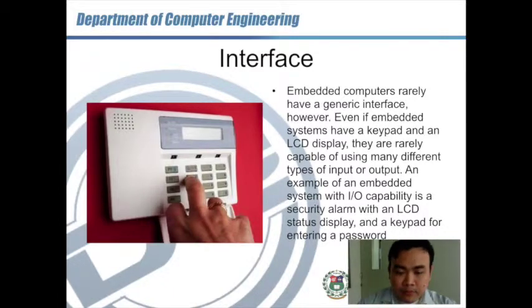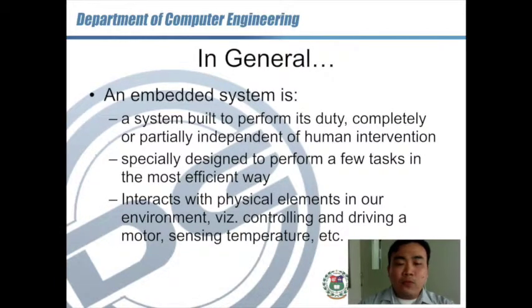Okay, so in general, an embedded system is a system built to perform its duty completely or partially independent of human intervention, is designed to perform a few tasks in the most efficient way possible, and interacts with physical elements such as temperature, mechanical devices, pressure, and so on and so forth.